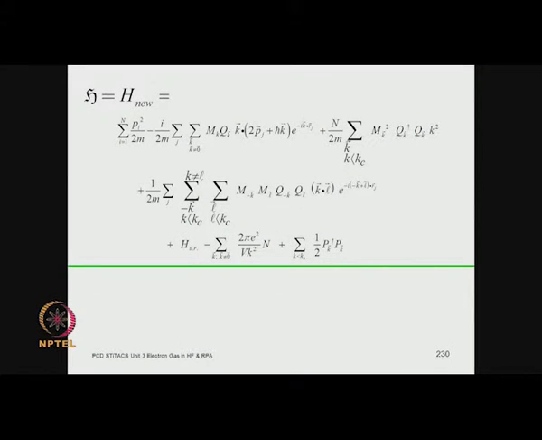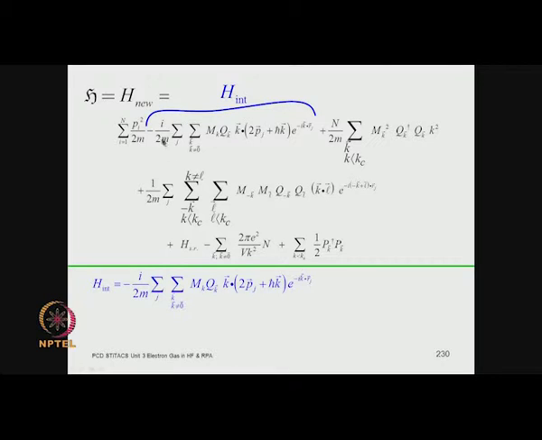Now, in our previous class, we rewrote the transformed Hamiltonian in a certain number of terms. Just for the sake of our discussion and for bookkeeping, this we recognize already as a kinetic energy term.